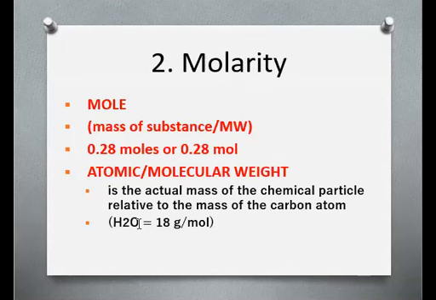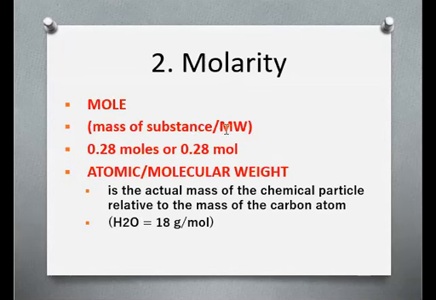Now, let us try to solve for moles. For example, how many moles will 5 grams of water have? To determine the number of moles, the formula is the mass of substance divided by the molecular weight. The mass of the substance is 5 grams.